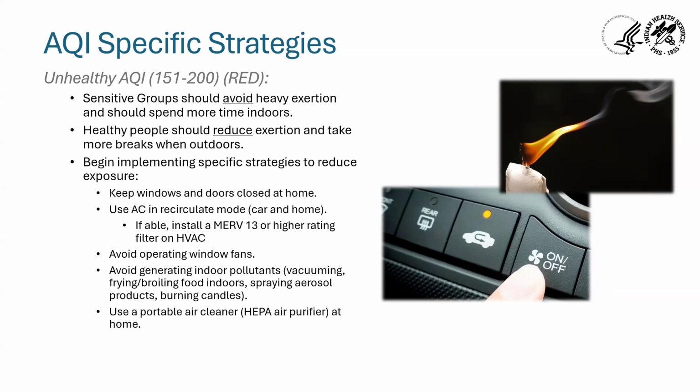If your home can handle it, use a MERV 13 rated filter. And avoid generating indoor pollutants, to reduce as many contaminants in your air as possible. This is also when you want to start using your portable HEPA air purifiers, if you have one.